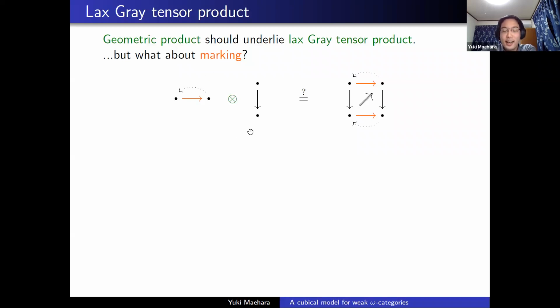And similarly, these 2 marked cubes in the square should have inverses. These cubes don't actually exist in these cubical sets, but we are just imagining these things being there. So this imaginary left pointing arrow, we should be able to tensor that with this second factor and get something like this, where the top and bottom boundaries are the imaginary things here and here.